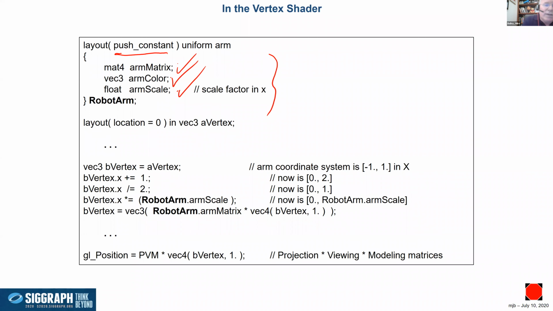And so it used this to scale the cube vertices to the right size. It used this to position the beginning in the right spot. It used this to rotate it. And then it sent the color over to the fragment shader in order to draw it.